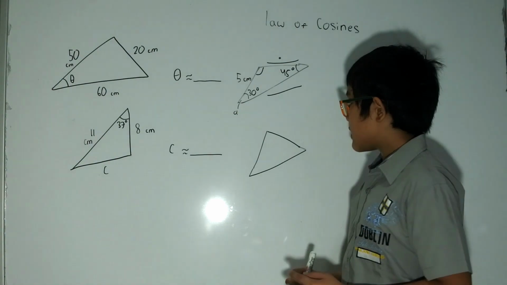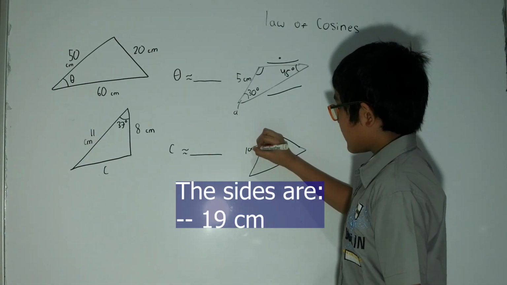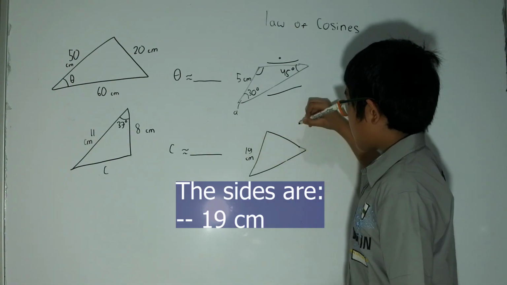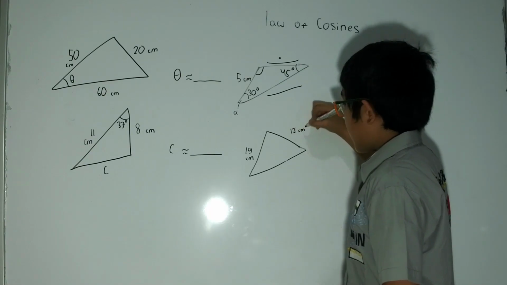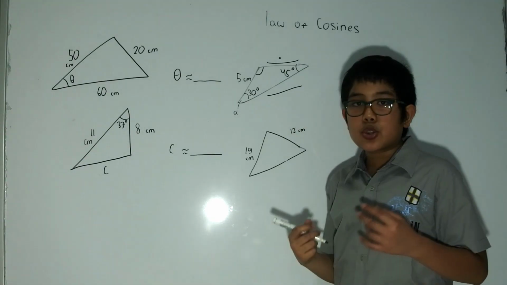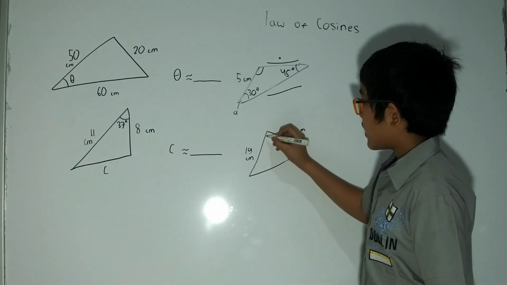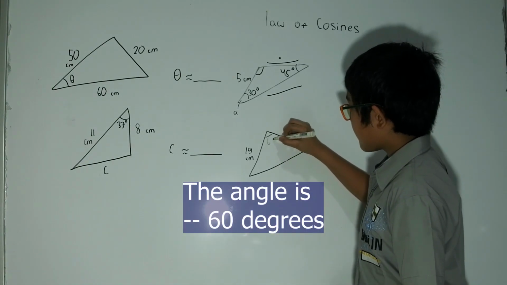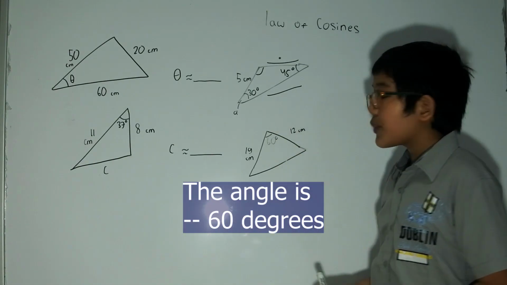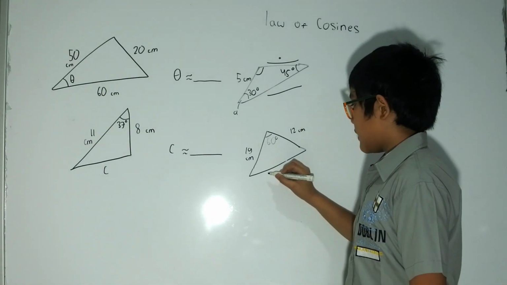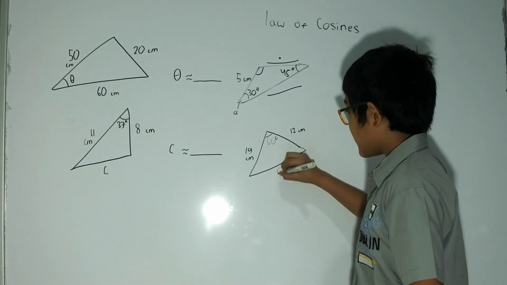Let's say that this side is 19 centimeters and this one is 12. And let's say that the angle between those two sides is 60 degrees. And we are asked to find this side. Let's label it as C.